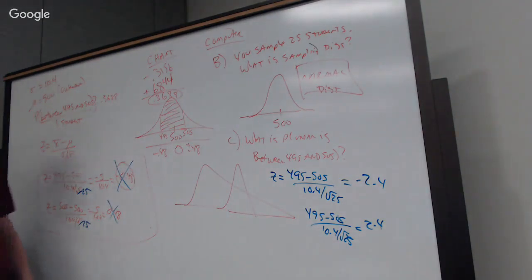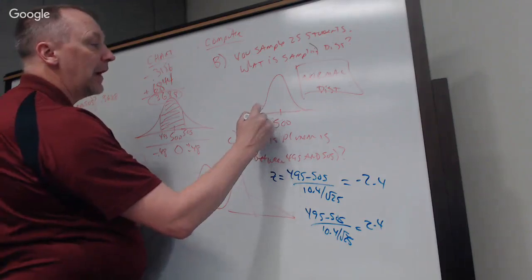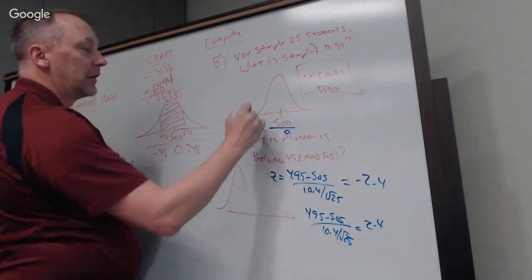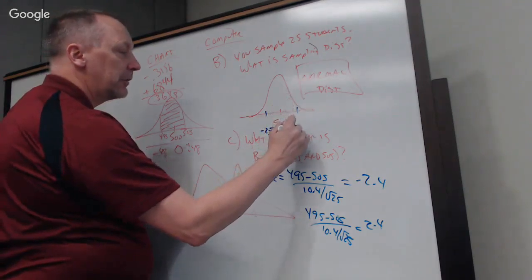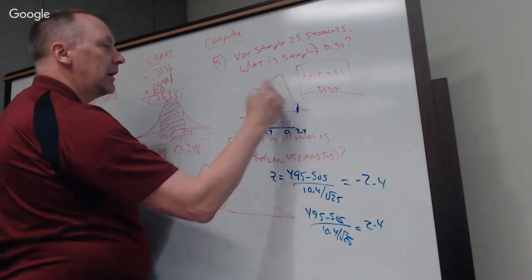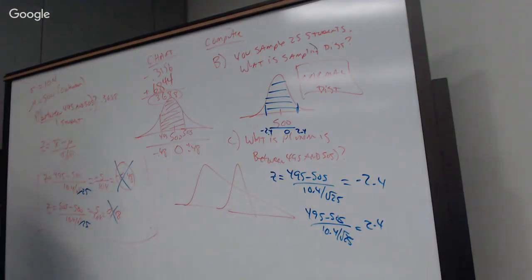So now what we've done is we've changed this from a mean of 500 to a mean of 0. We are now negative 2.4 and positive 2.4 standard deviations away. I need this area here. How do I find that?